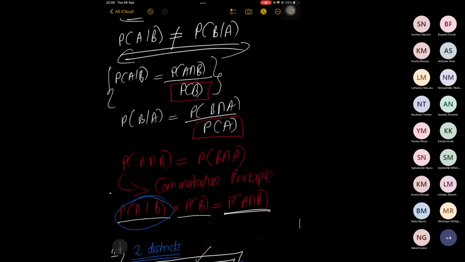This is the numerator that you are looking for in this scenario, because the denominator is already calculated here. Then for the numerator, we calculate it from this expression: probability of V given B, which is probability of V intersection B over probability of B.